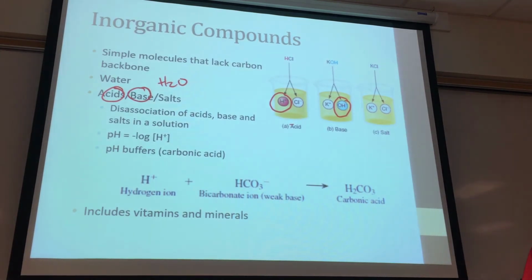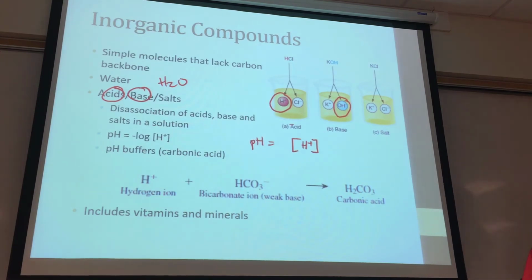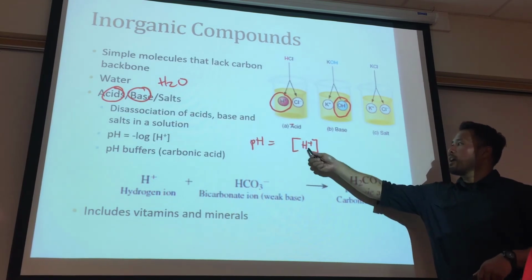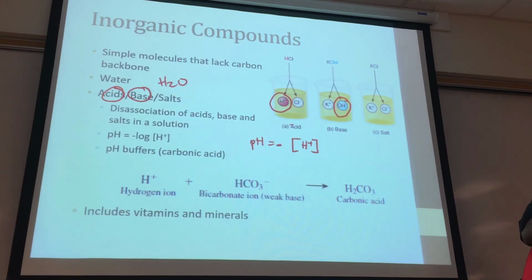And we can measure the pH of a sample by measuring the concentration of the hydrogen ions. Think of sulfuric acid, carbonic acid, battery acid, any type of acid, and they give off these hydrogen ions. And we can measure that. In fact, pH is on a negative scale, meaning the higher the acidity, the lower the pH.